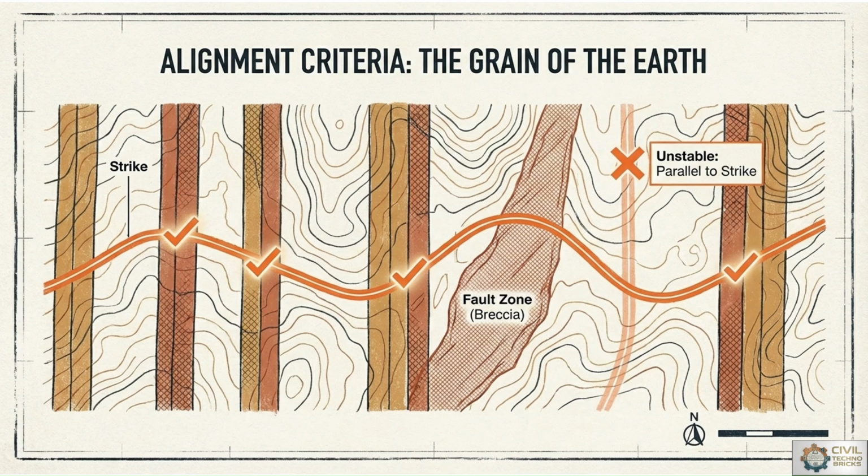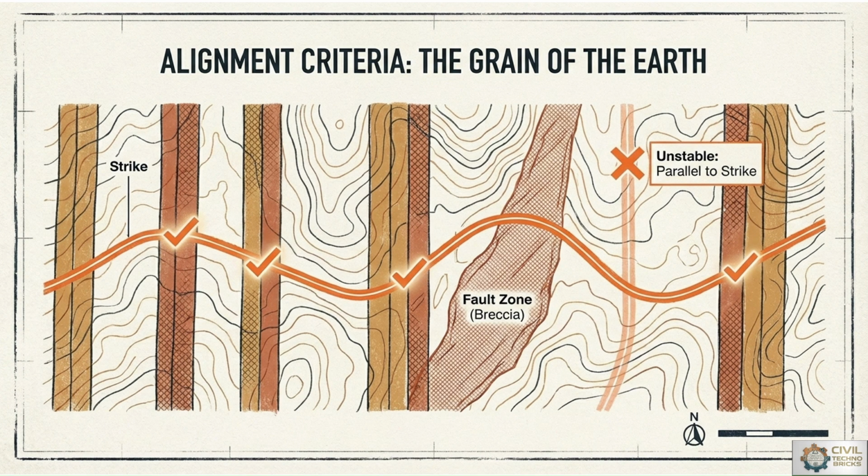Alignment selection depends on topographical characteristics, soil stability, drainage conditions, and construction economy. Stable and straight alignments reduce construction difficulty and maintenance problems also. Geological mapping helps us identify suitable corridors for safe highway construction.